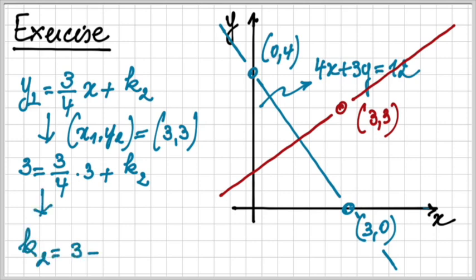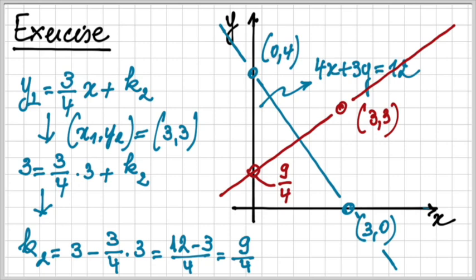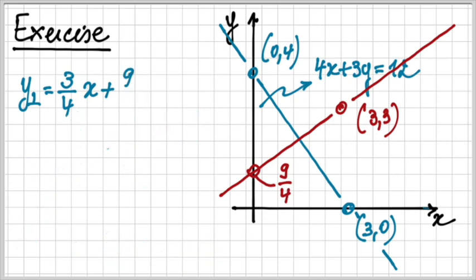We bring k2 to the left-hand side, and 3/4 times 3 to the right-hand side, and the 3 also. So we find that k2 is 3 minus 3/4 times 3. And we find this is 12 minus 3 divided by 4, and we have the y-intercept, which is equal to 9/4.